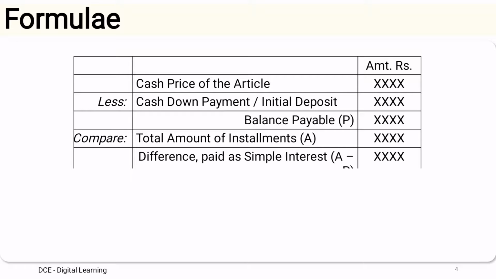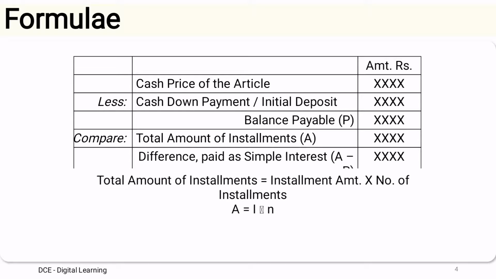The difference between A and P, that is, the difference between the total amount of installments and the balance payable P, is known as the simple interest. Here the total amount of installments is computed using the installment amount and the number of installments. So total amount of installments equals installment amount, that is the amount of monthly payment, into the number of monthly payments or number of installments.